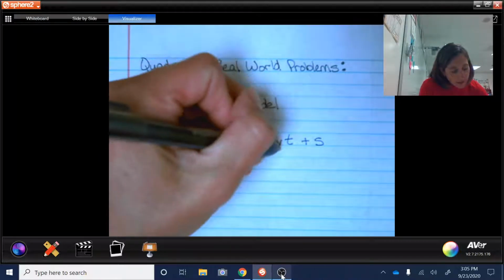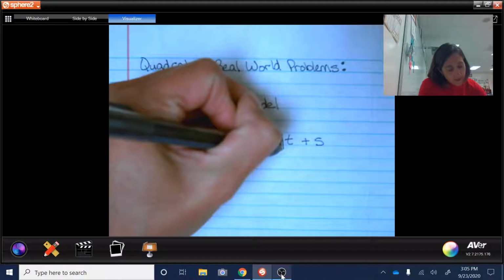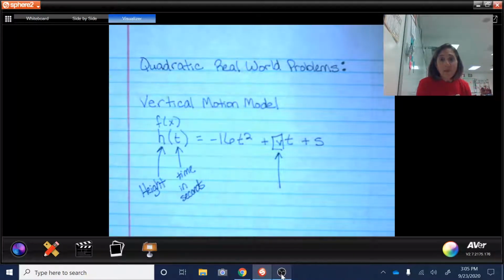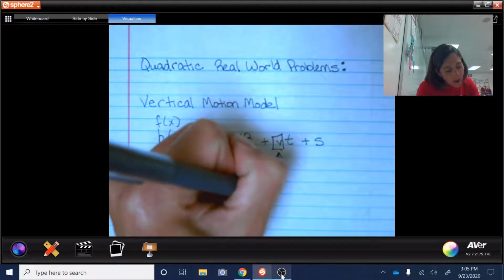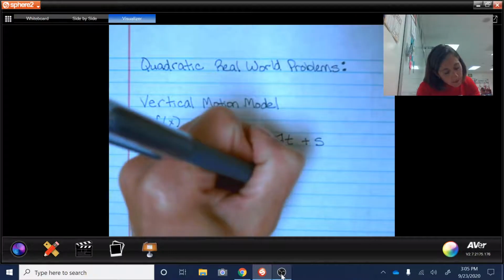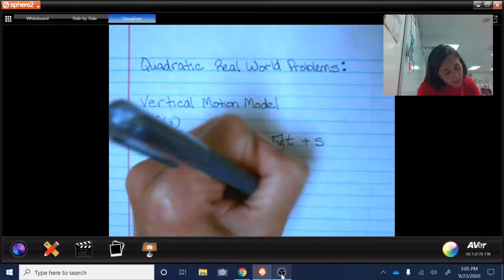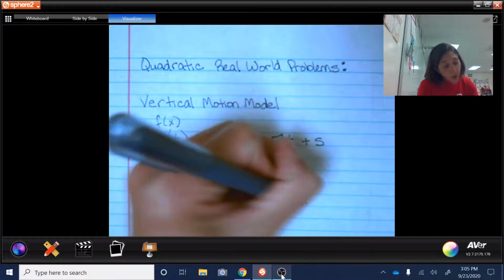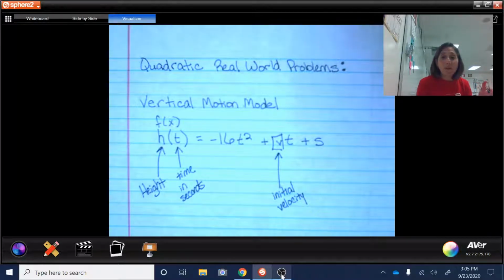Now v, we need to talk about this. V is going to stand for your initial velocity. We've talked about the word initial before. Initials come at the beginning of your name. Well, the initial velocity is how hard you throw the object to begin with. So if you're throwing something up, then it would have a positive initial velocity.